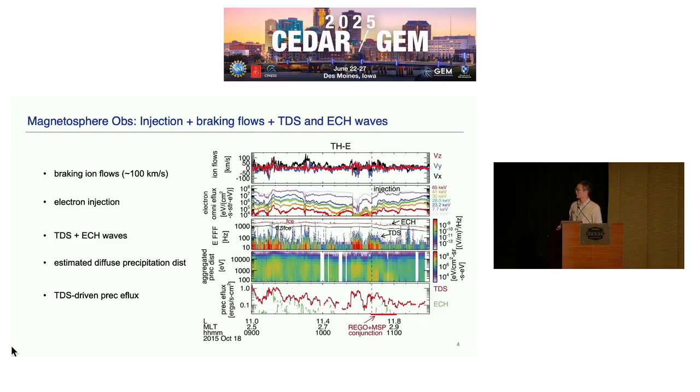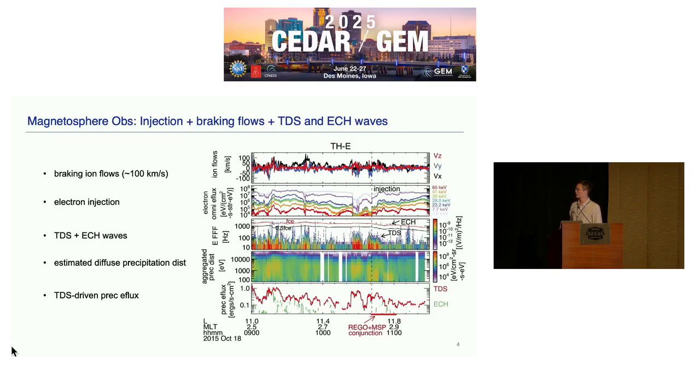This is shown in the third panel. This is the electric field spectrogram. There were also relatively weak electron cyclotron harmonic waves, or ECH waves. These two types of waves are known to drive diffuse auroral precipitation. Based on these observations, along with quasi-linear diffusion theory, we can estimate the precipitating distributions, and this is shown in the second to the bottom panel.